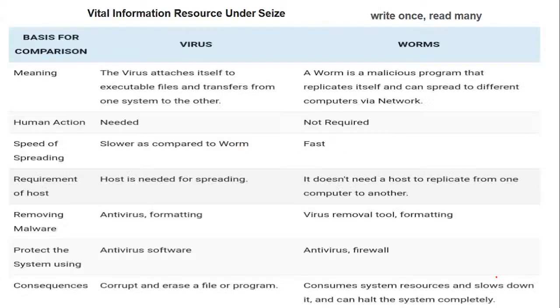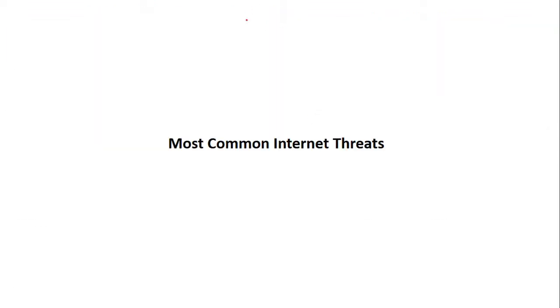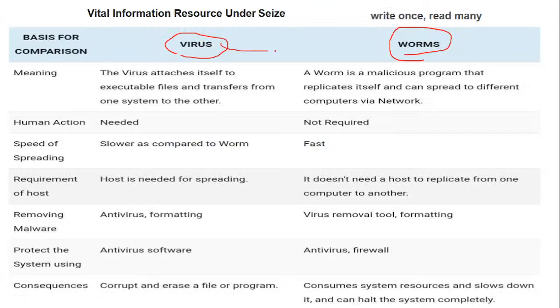Before we start with the threats, let's understand the difference between virus and worms. Here, students get confused between virus and worms. The full form of virus is also given, and the full form of worm is also given.